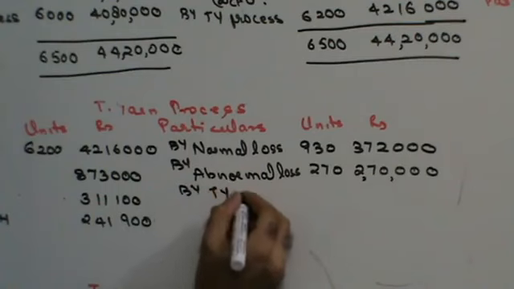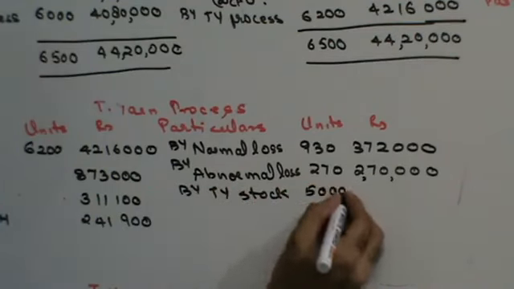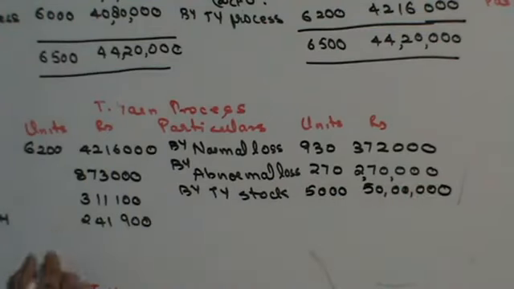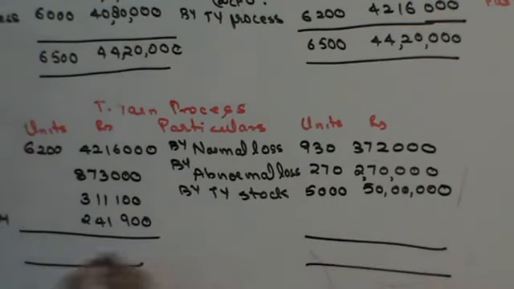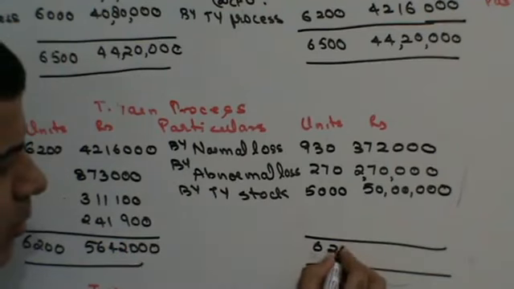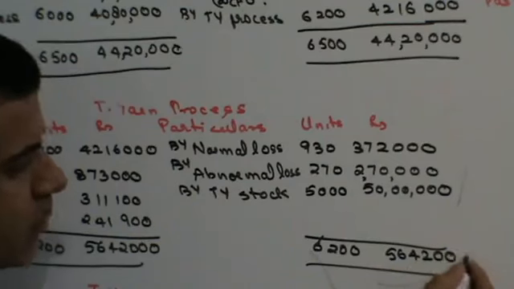By TY stock is going to be 5,000 and 50 lakhs. Tally this. If you tally this, this is 6,200 and this is going to be 56 lakhs 42,000.